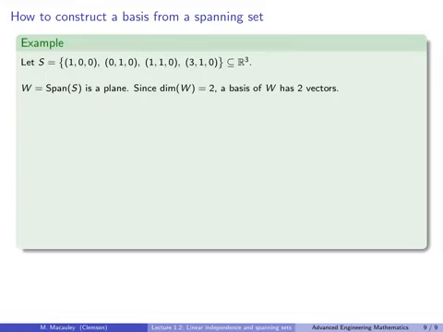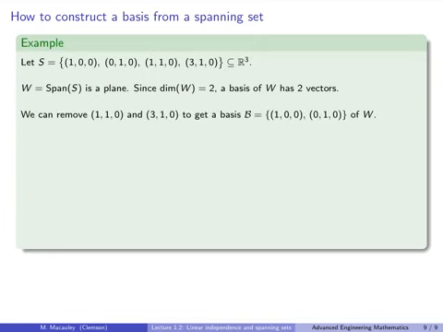So what can we remove? There are many options, but if we want to, we can remove (1, 1, 0) and (3, 1, 0), and we're left with a basis of W, namely (1, 0, 0) and (0, 1, 0). This means that W, or the xy plane, is the set of all vectors of the following form: C1 times (1, 0, 0) plus C2 times (0, 1, 0), where C1 and C2 are arbitrary real numbers.